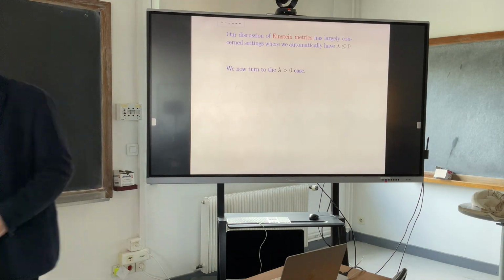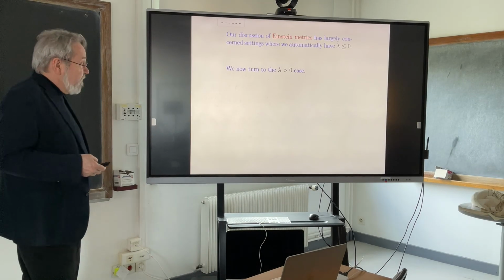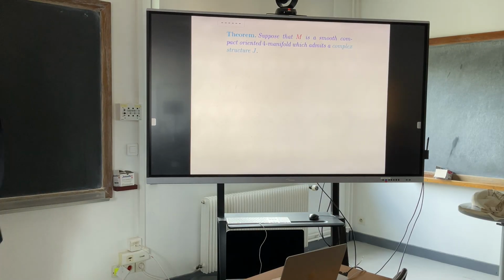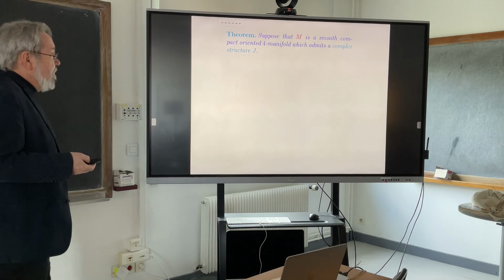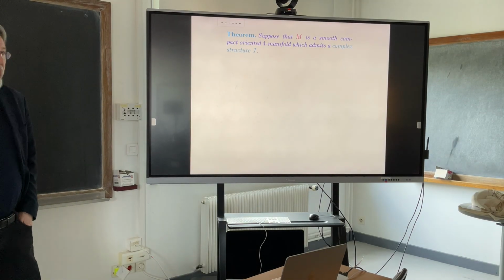So for this last part of the last lecture, I'm going to talk about the case with lambda positive, Einstein metrics with positive Einstein constant. Here's a cute result which comes out of the machinery I'll be describing. Suppose you have a smooth, compact, oriented manifold, and suppose that it actually is the underlying smooth manifold of a complex surface.